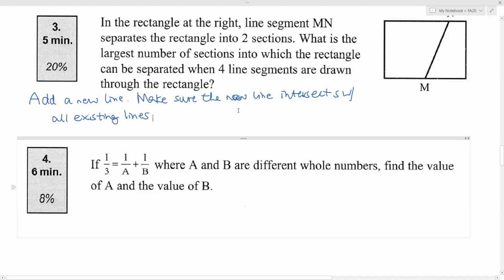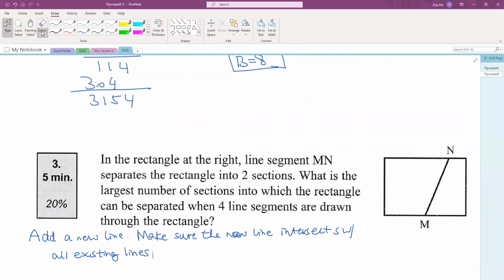So if we're adding just one line, and I do this, I'm getting 1, 2, and 3 segments. This is when I'm adding just one line.